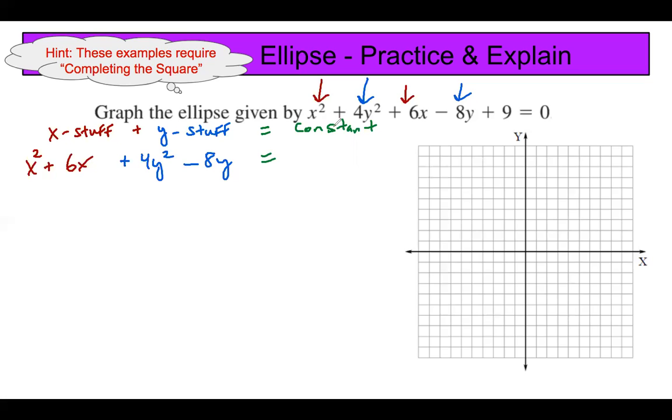And then the constant, we have a positive 9 here, but if I subtract 9 from both sides, 0 minus 9 is negative 9. Or you can think when you move it to the other side, it changes signs. Okay, so there is our rewrite. So now we have x squared plus 6x plus 4y squared minus 8y equals negative 9.